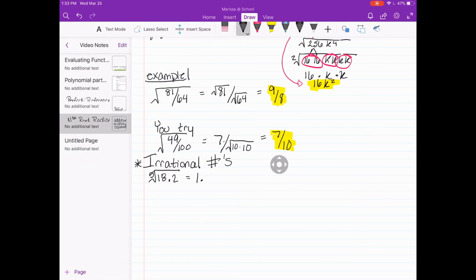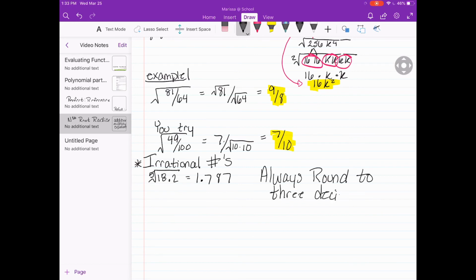So 1.787, always round to 3 decimals. In the case that you're rounding, remember, if you have anything with a 5 that follows that 3rd decimal, so an example is 0.785, if that is a 5, a 6, 7, 8, or 9, you're going to want to round up.